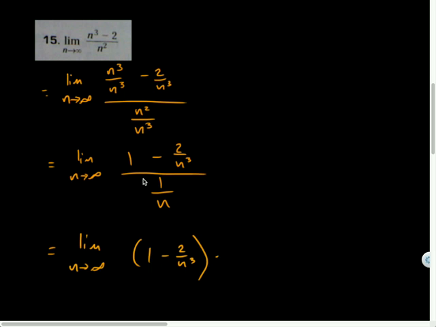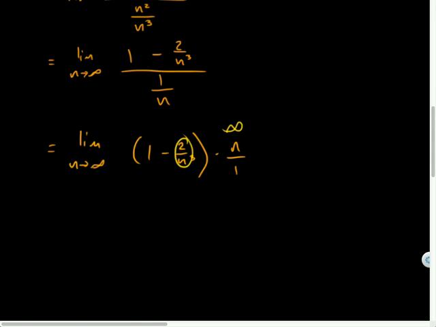If I multiply this by the reciprocal, n over 1, and now take these limits, this is approaching 0, this is approaching 1, and this is just getting super large, right?